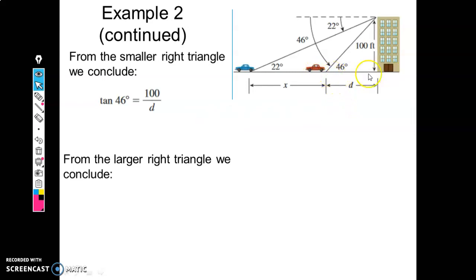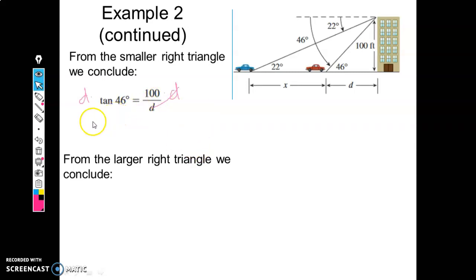So anyhow, here we're finding the distance the car is from the building at the end. Tangent of 46 equals 100 over d, because it's opposite of 46 over adjacent, which is d. This is another one where you want to start by multiplying both sides by d first to cancel off the d. You cannot work when you have a variable in the denominator, so you always have to get rid of that.